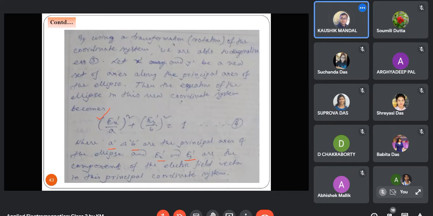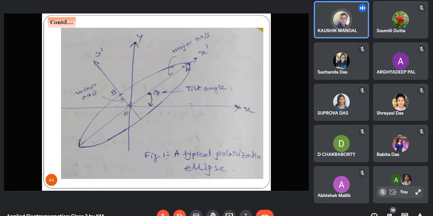Now it is represented in the next slide, which is better. So this is the general coordinate system, x-axis, y-axis. The corresponding ellipse that you have obtained by tracing the electric field vector is this ellipse. In the general case, as I have already mentioned, the principal axes are not along the original x-axis and y-axis.